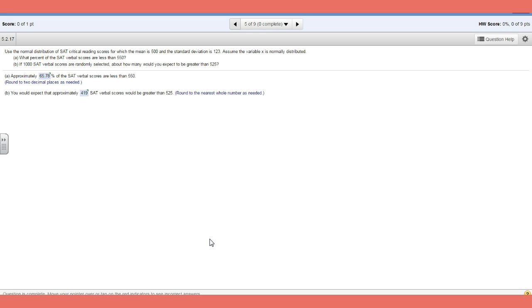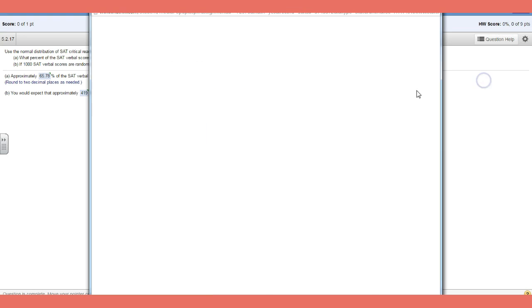Alright, moving on to the next problem. It says use the normal distribution of SAT critical reading scores for which the mean is 500 and standard deviation is 123. And the variable is normally distributed. What percent of the SAT verbal scores are less than 550? So again, I'm going to open up my StatCrunch.